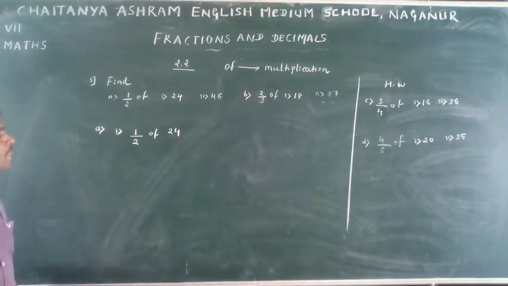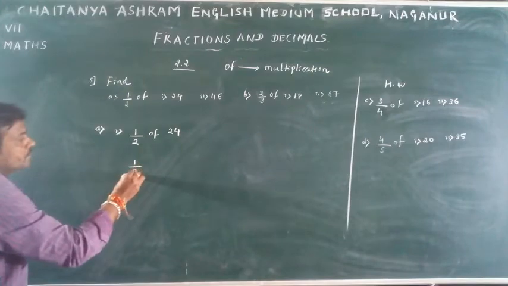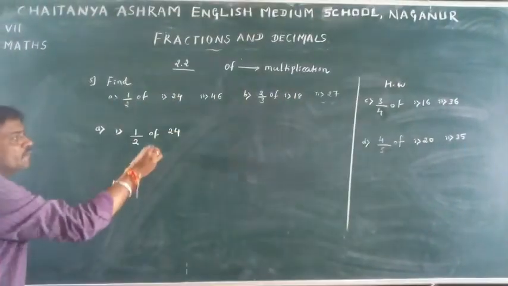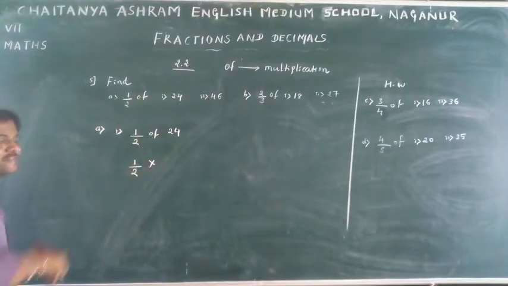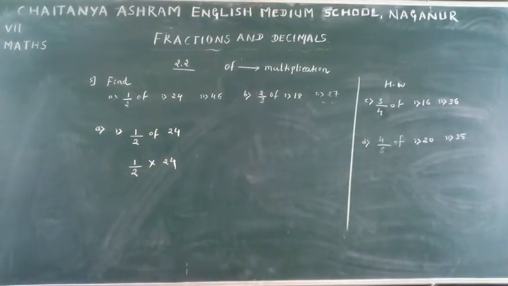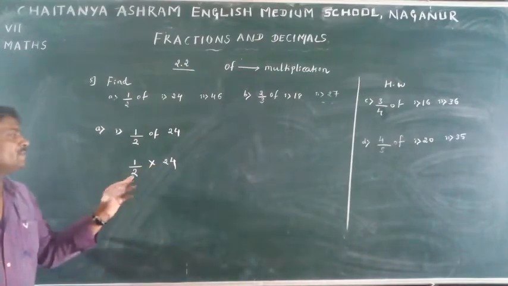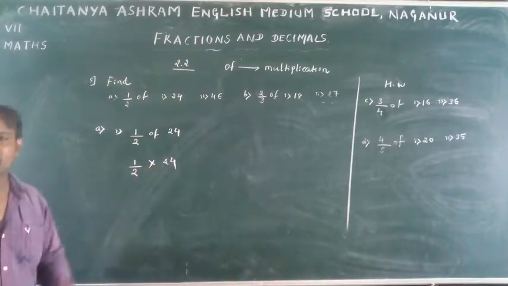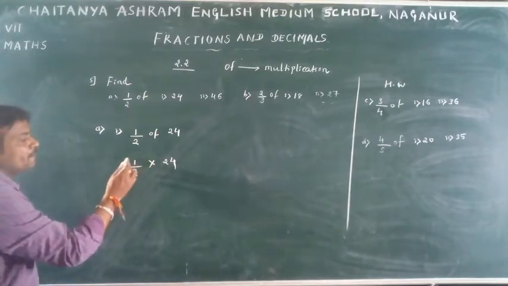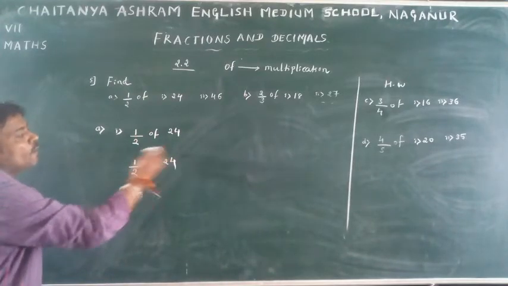See, half "of" represents multiplication, so instead of "of" we put the multiplication symbol. Then 24. So 2 ones are 2, 2 twelves are 24, giving 12. This is the multiplication of a fraction by a whole number.